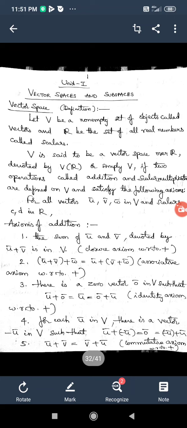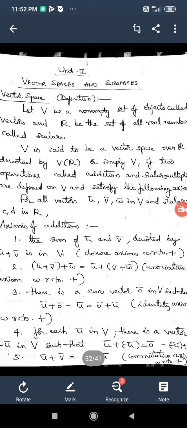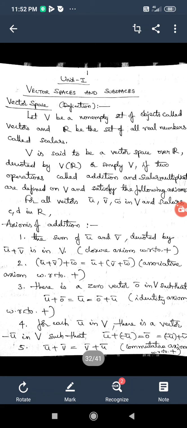We are saying that u bar and v bar are two vectors in capital V, and still we can see that their sum u bar plus v bar is again belonging to the same set V. That means the set capital V is closed under addition. We can say that the closure axiom with respect to addition is satisfied in capital V.